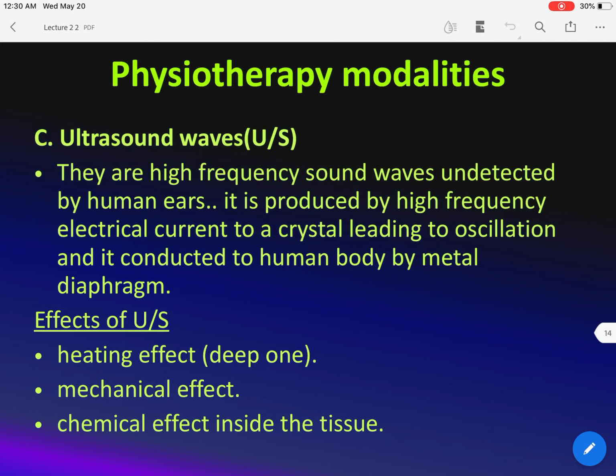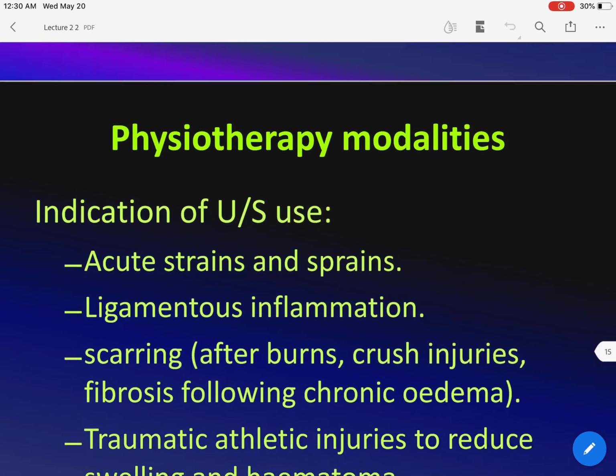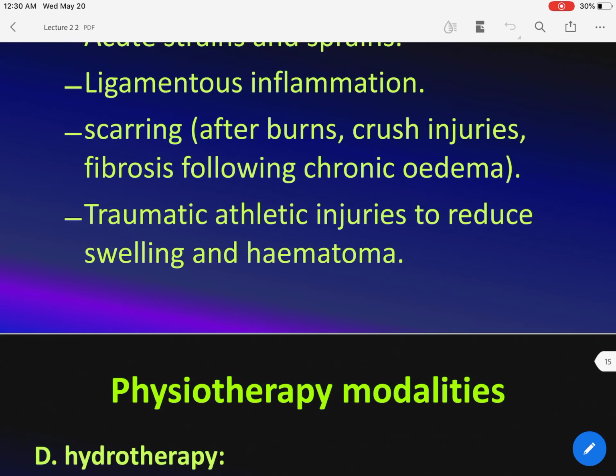What are the effects of ultrasound? Heating effect, which is the deep one, mechanical effect and chemical effect inside the tissue. What are the indications of ultrasound?